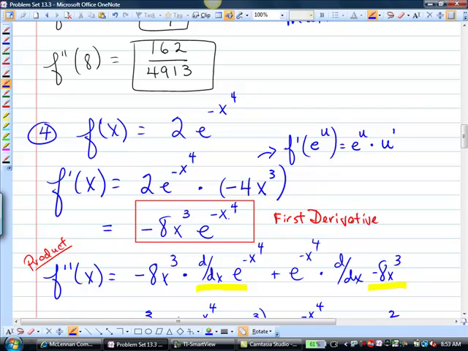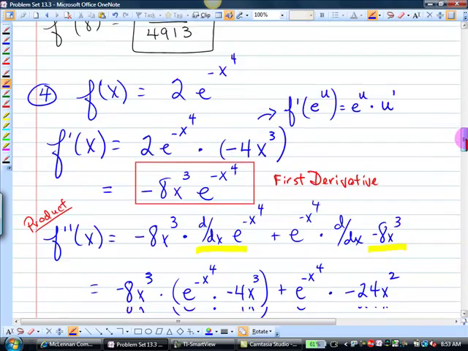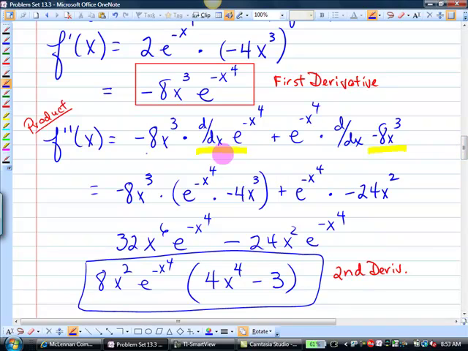But then to go to the second derivative, now what do we have? We have a product. Okay? I did write the road map out for that. It's the first one times the derivative of the second one plus the second one times the derivative of the first one. Okay? So the only place I'm taking derivatives is where I have yellow.